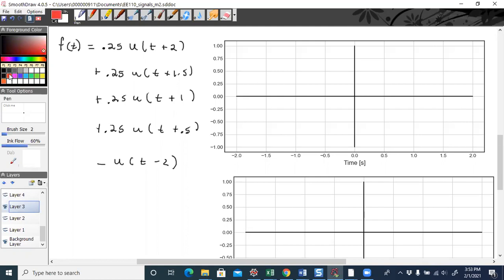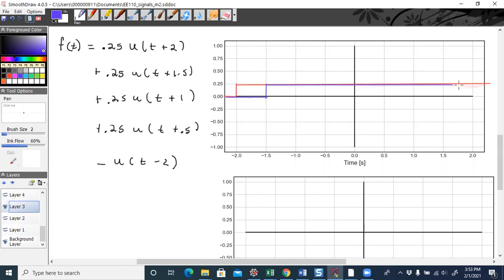I'm not going to change colors each time for this one. So we have 0.25 with an advance of 2 seconds. So all I got to do is just draw a little bit, come up to 0.25. And draw across. And then I have another signal. It's advanced to 1.5.